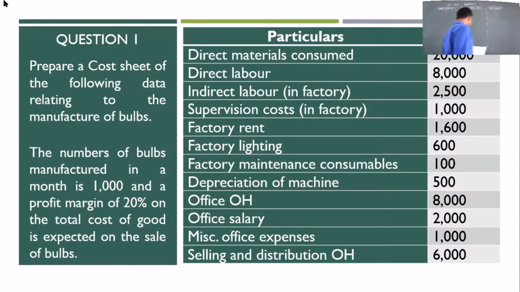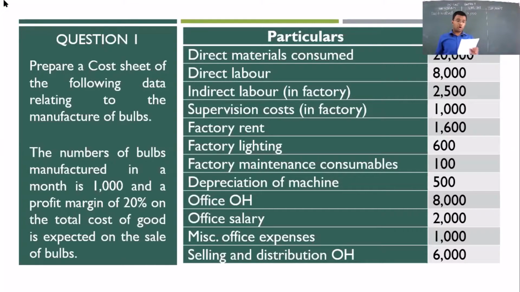Here they have given us that direct material is 20,000. Now we have to calculate the cost per unit.